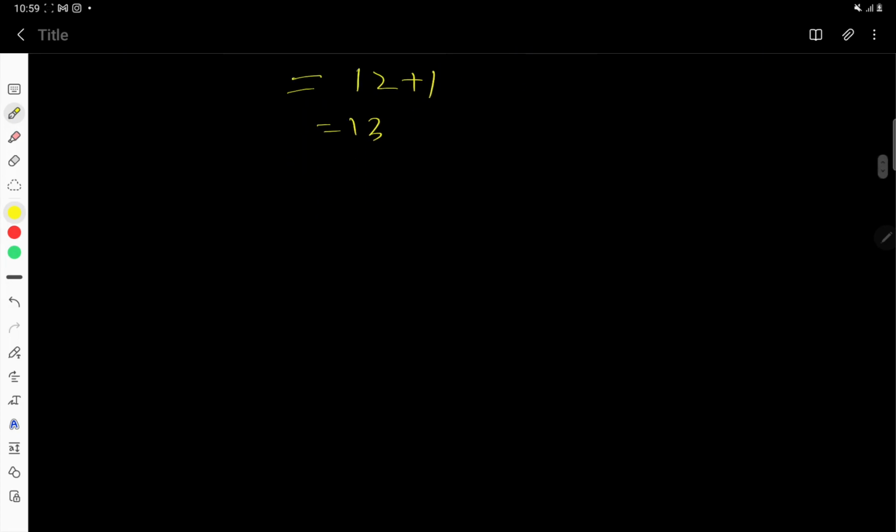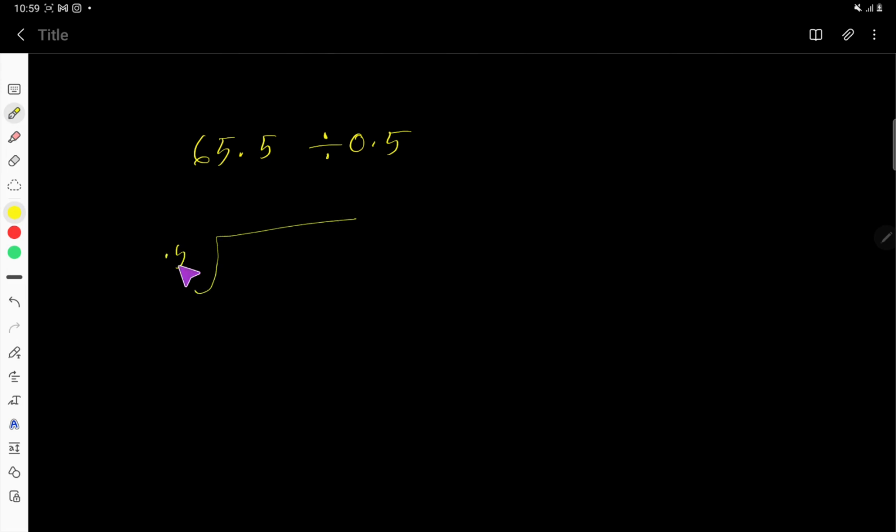Okay. Now I will teach you dividing decimals. So how to divide 65.5 divided by 0.5, that is dividing decimals. So you can express this problem like this. 0.5.